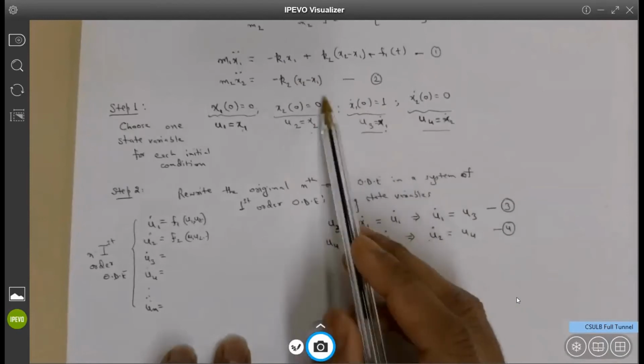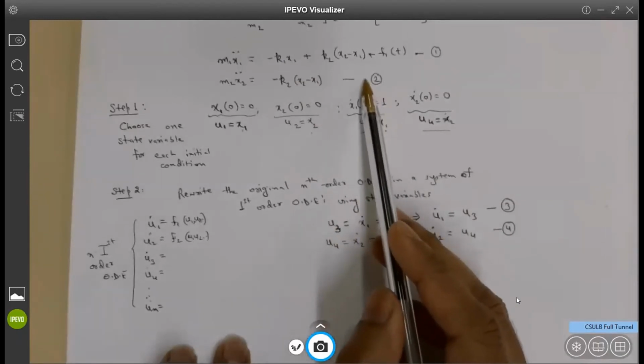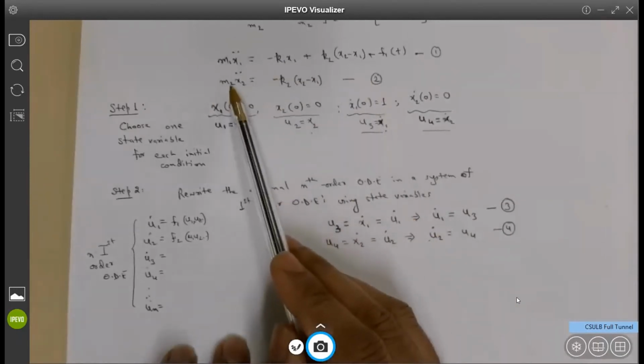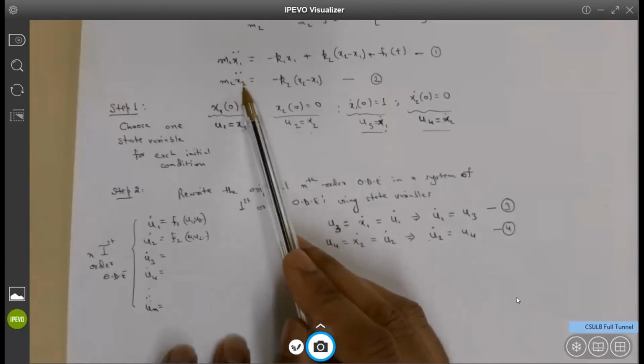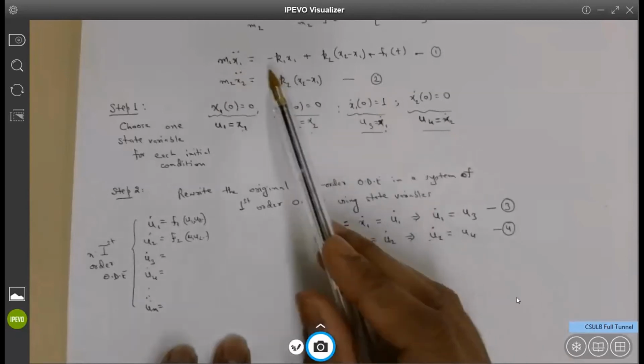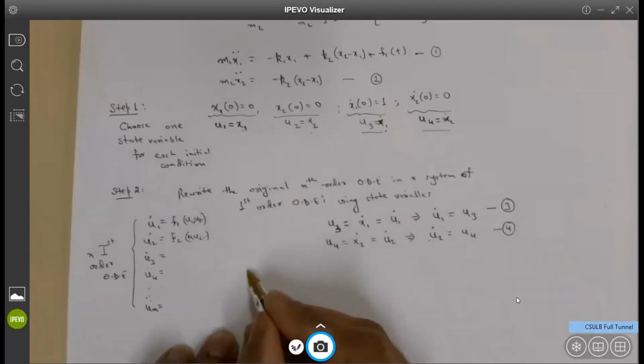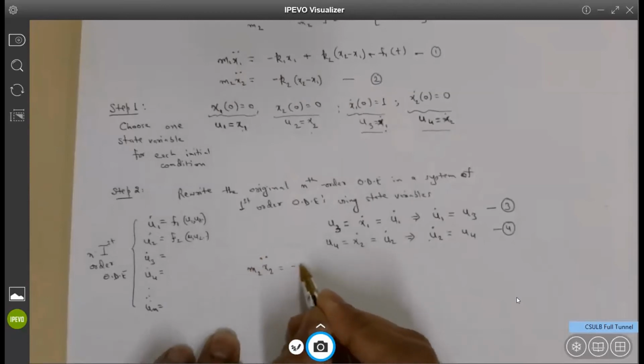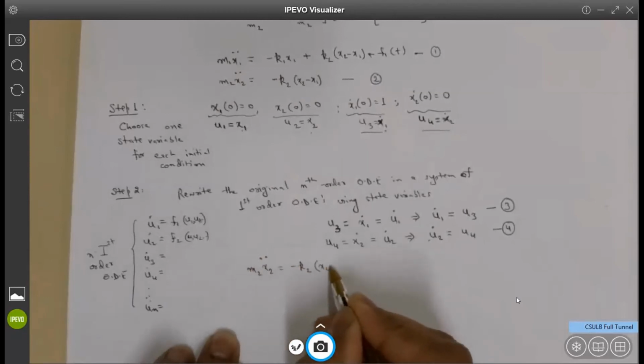Now pick this second equation. See what the form is. It says M2 times X2 double dot. X2 double dot is what? X2 dot is U4. Then I can write this. Negative K2 times X2 minus X1.